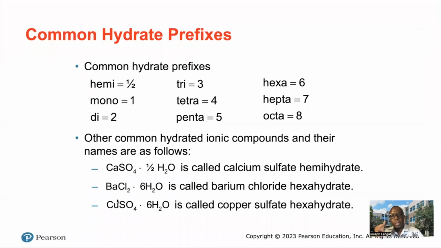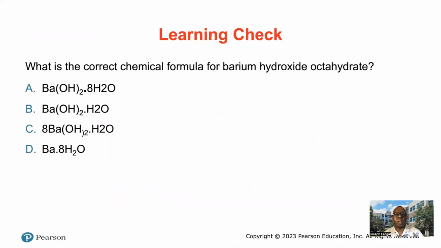There is copper 1 and there is copper 2, and we are handling copper 2 in this case. So here, barium chloride hexahydrate, based on this. Please memorize this. We will also need these prefixes in molecular compounds.